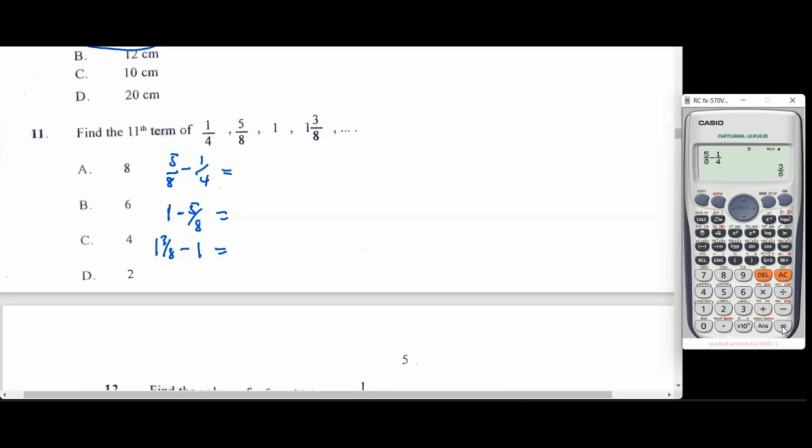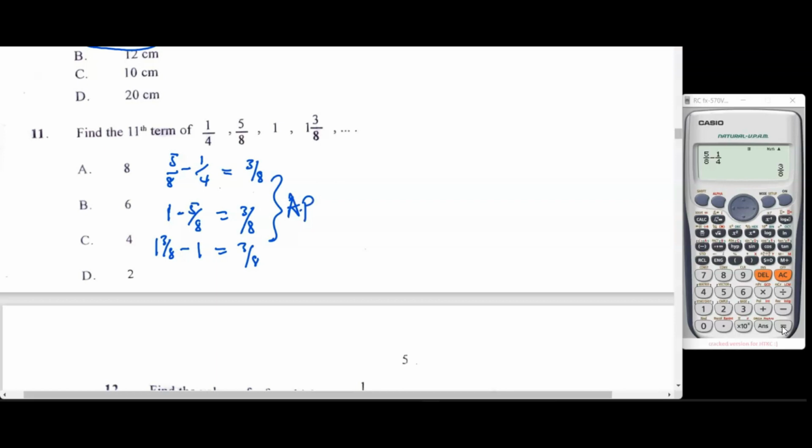Now, interestingly, 1 minus 5 on 8, the whole number 1 here can be written as 8 on 8. So 8 minus 5 will give us 3, and then on 8. So that's easy. And 1 whole number 3 on 8 minus 1, the answer is left with 3 on 8. So ideally, we've confirmed that this is an AP, or a linear progression.